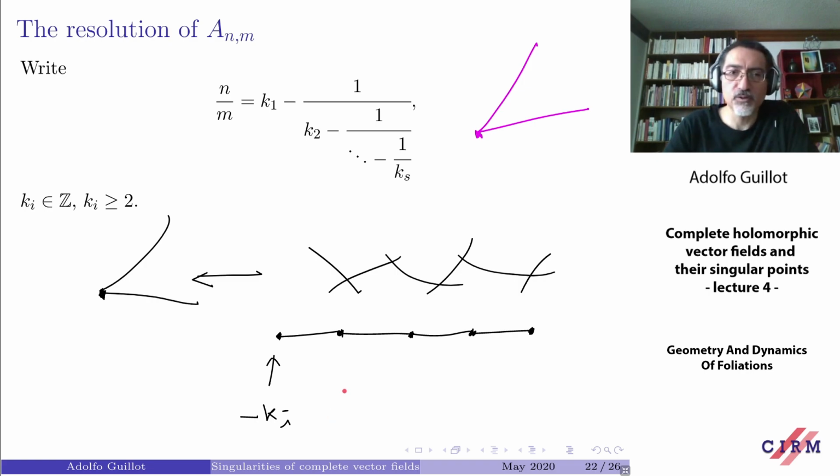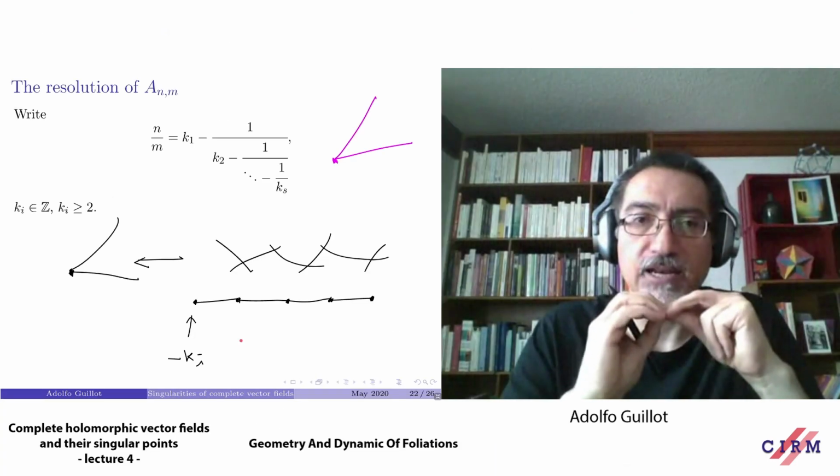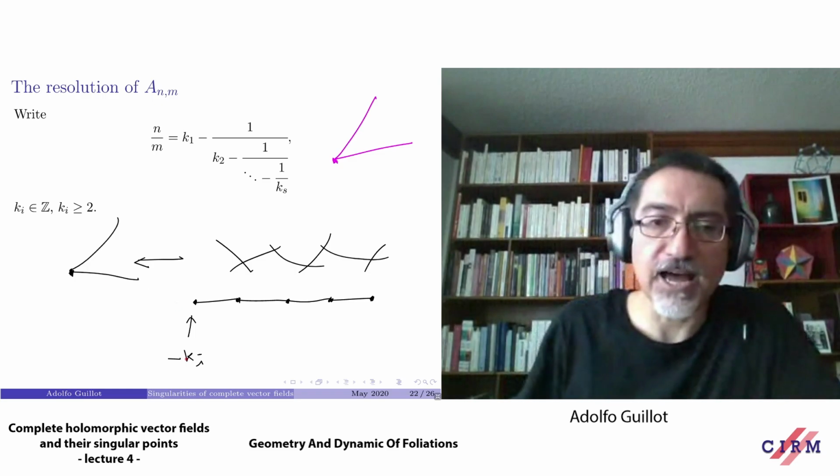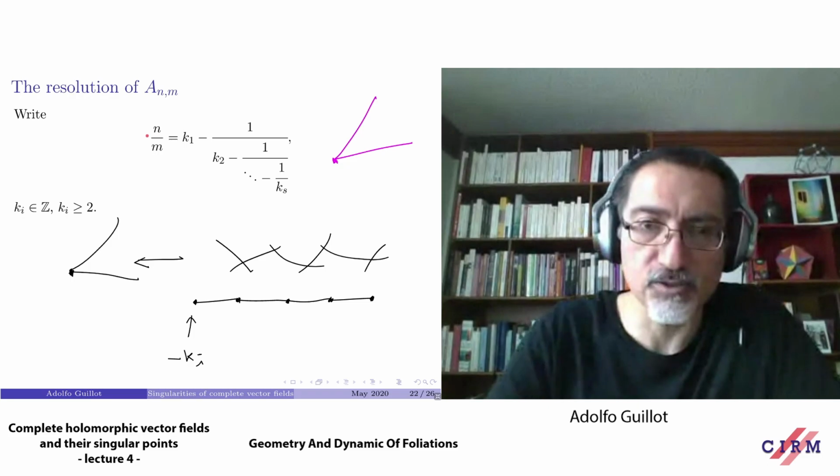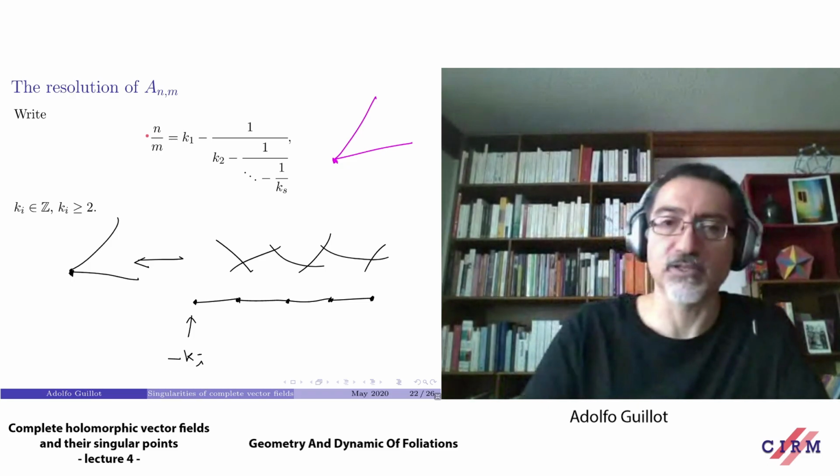So this is what the resolution of the singular point looks like. And in fact, in this case, the combinatorics of the resolution gives you the whole singularity. So if you see a chain of rational curves in a surface, and they have these self-intersections, then when you contract them, you have something that's analytically equivalent to the Hirzebruch-Jung singularity n and m. Okay, so from n and m, you get the ki's, and from the ki's through this continued fraction, you will get n over m.